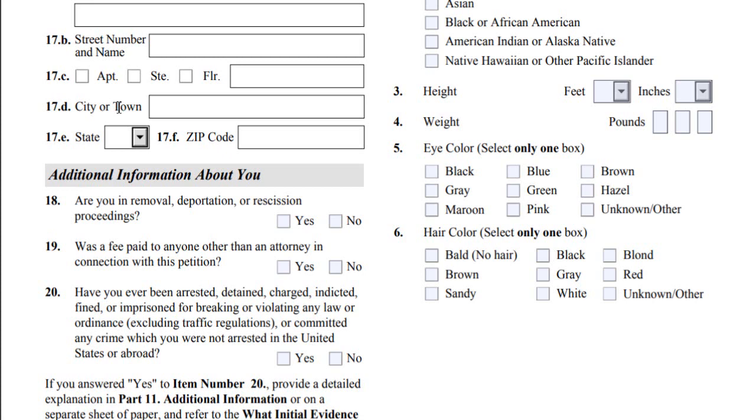If you are in an immigration court proceeding, you should already have a lawyer, who should help you with the petition as well. So if this is your case, don't fill out the form. You must have a lawyer. Are you in a removal, deportation, or rescission proceeding? Yes or no?